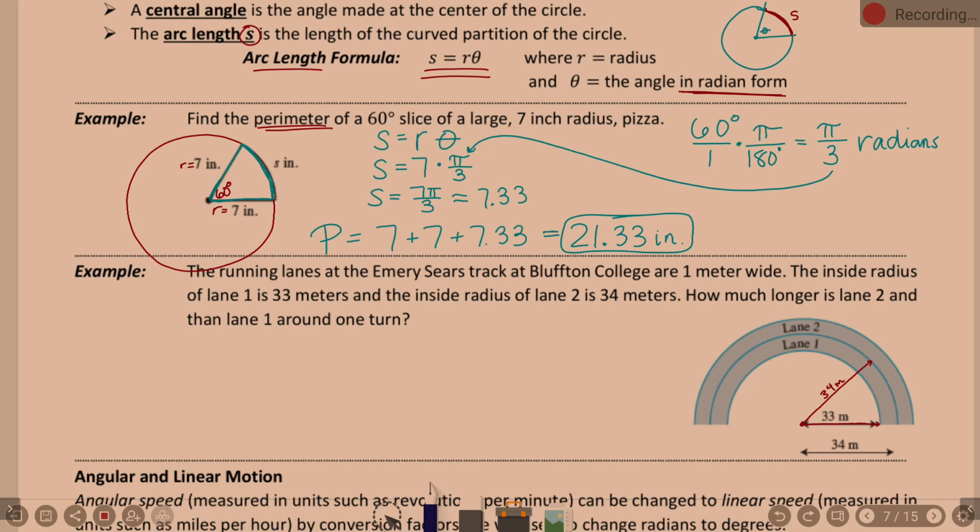And what we're comparing is how much, so when we talk about lane 2, you assume that they're running on the inside. How much longer is lane 2 than lane 1? So if they have to stay in their lane, how much farther is that person running than the person in lane 1?